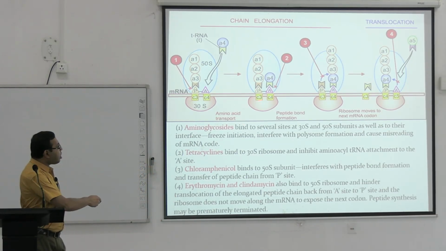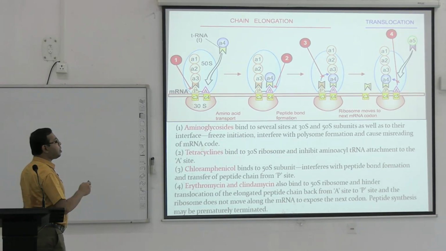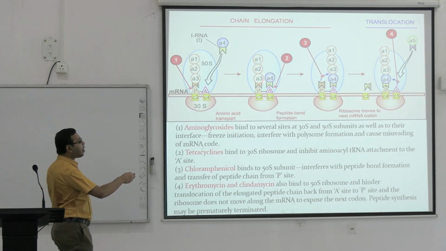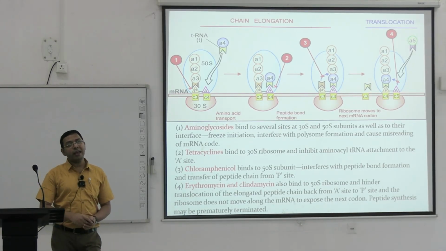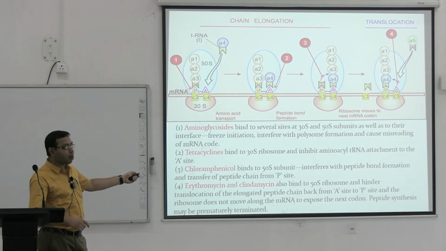Tetracycline mainly attaches to the 30S ribosomal subunit, and ultimately inhibits the amino acid tRNA attachment to the acceptor site, or A site. This is blocked by tetracycline.